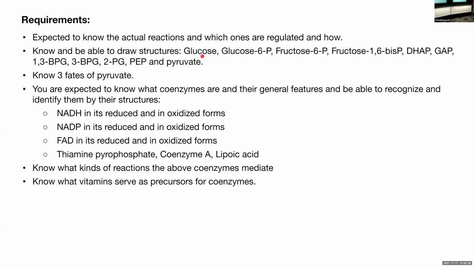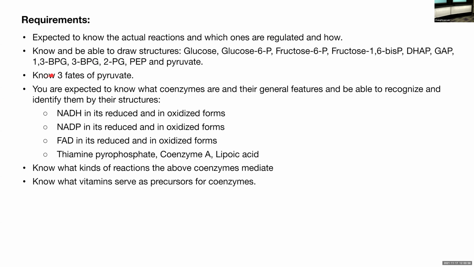They're not complicated because once you know glucose, which is just a carbon ring with 1 oxygen in the middle, a 6-ring structure, you can just get the 6-phosphate by putting the phosphoryl group on C6. Same thing applies to fructose 6-phosphate, fructose 1,6-bisphosphate, DHAP, GAP, and so on. These are all the critical molecules that we're going to talk about during this lecture anyway.